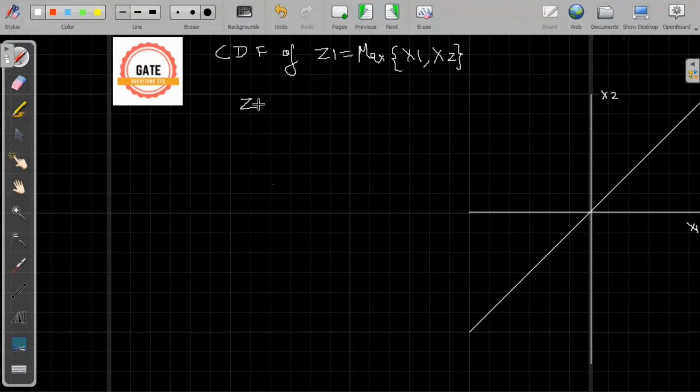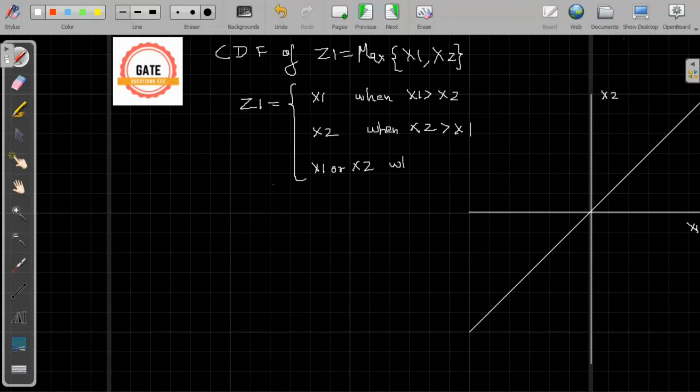So let's first write down what Z1 is. Z1 will be equal to X1 when X1 is greater than X2, and it will be equal to X2 when X2 is greater than X1, and Z1 will be equal to X1 or X2 when X1 is equal to X2.